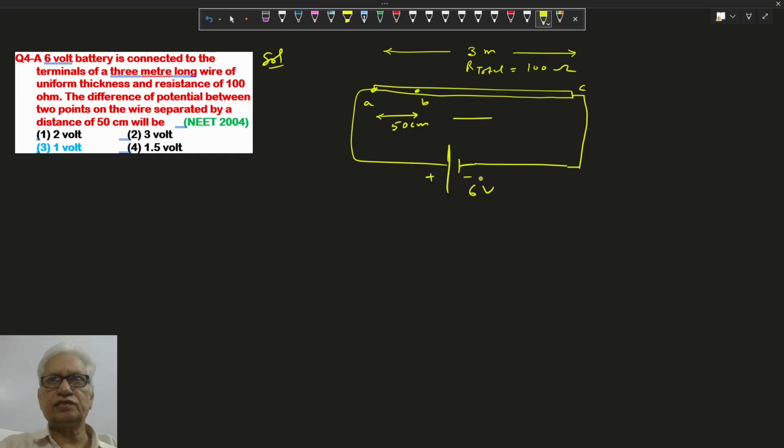Let us find out the current in the wire. Current will be voltage divided by total resistance, and current remains the same throughout.